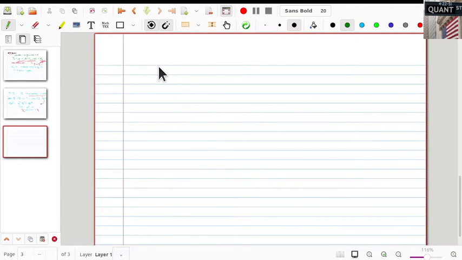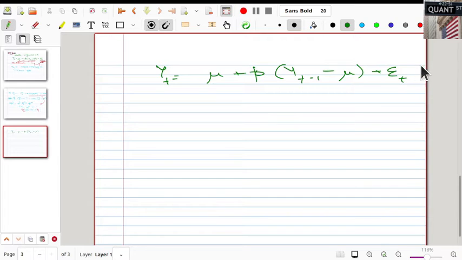Now the equation for yt, which was mu plus phi times (yt minus 1 minus mu) plus epsilon t, we can rearrange as yt equals mu times (1 minus phi) plus phi times yt minus 1 plus epsilon t.